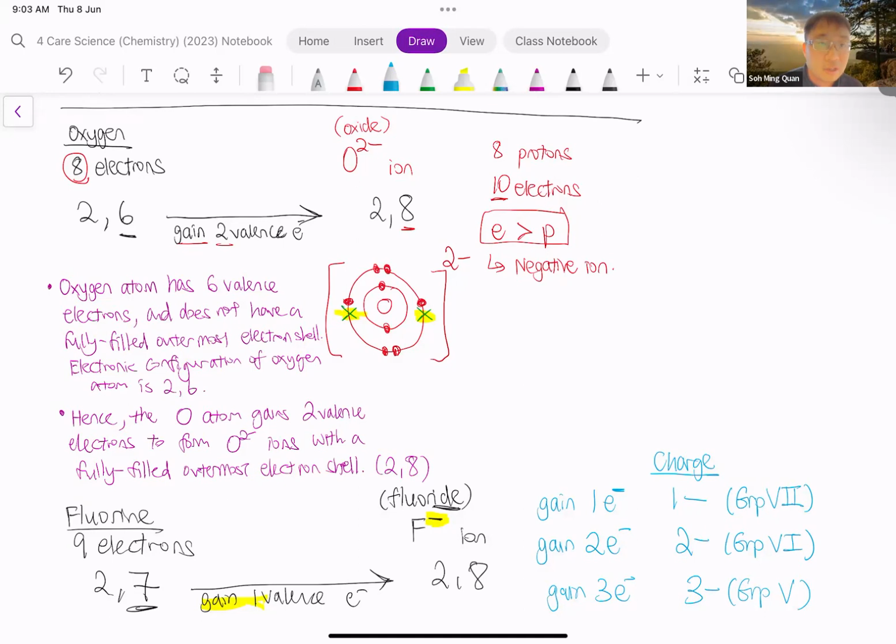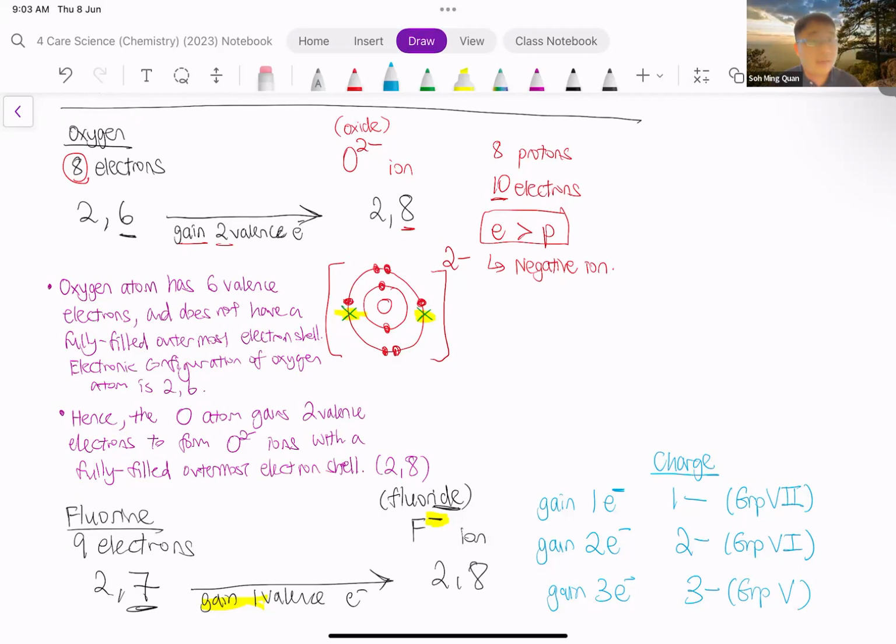Right? So it's logical. Potassium loses one valence electron. Oxygen gains two valence electrons. This means that potassium is able to transfer its valence electron to oxygen. And that's how the chemical reaction works. The chemical reaction between potassium and oxygen involves potassium losing one valence electron and oxygen gaining the valence electron.